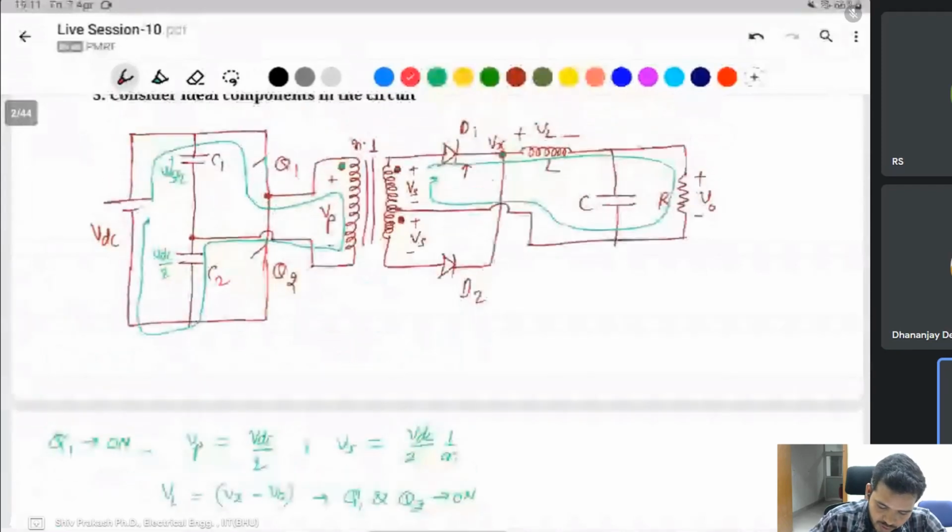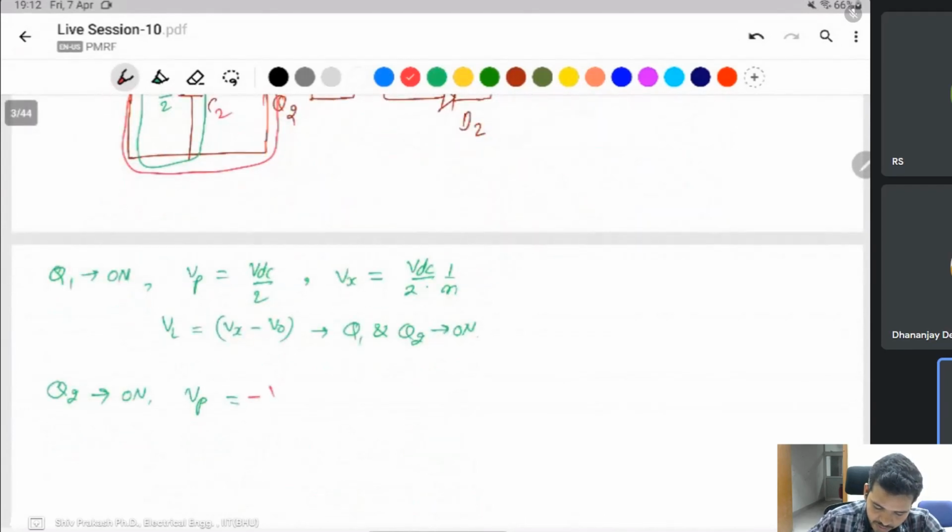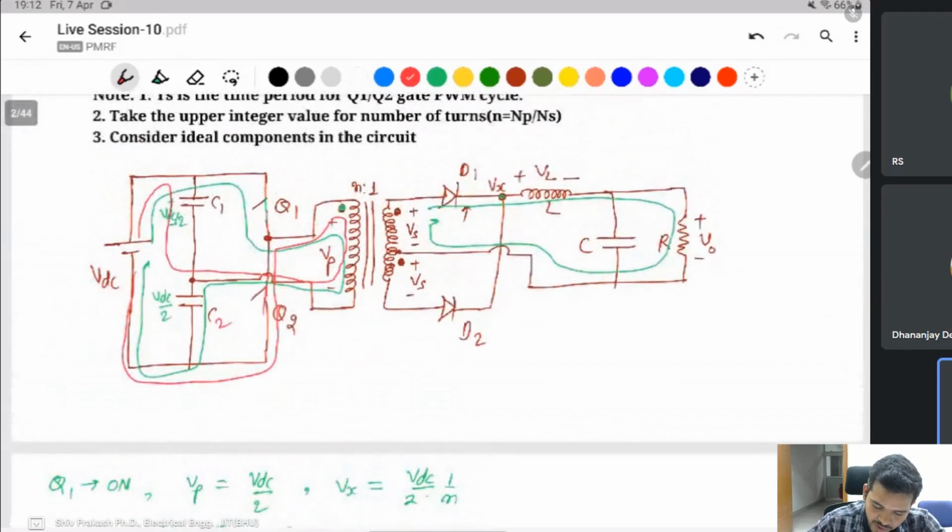If Q2 is on, then current flows like that, and Vp will be minus VDC by 2. Vx will be the same, because this one is positive, this one is negative, and the current flows like that.